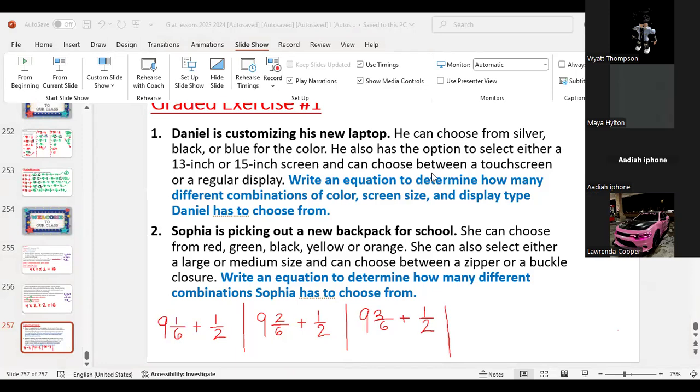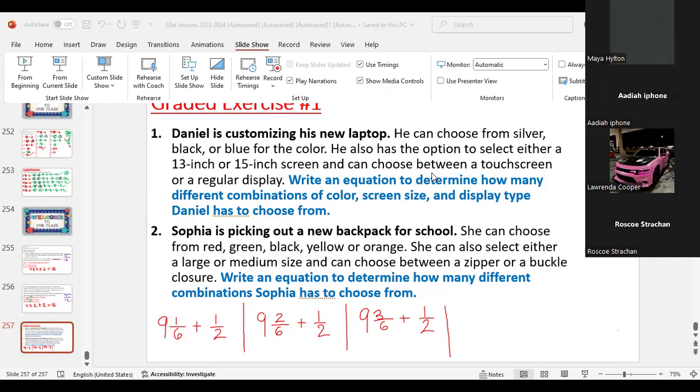For number 1, you forgot something. You forgot the display type. Remember, it says touchscreen or regular display. Oh, yeah. Yes, sir.